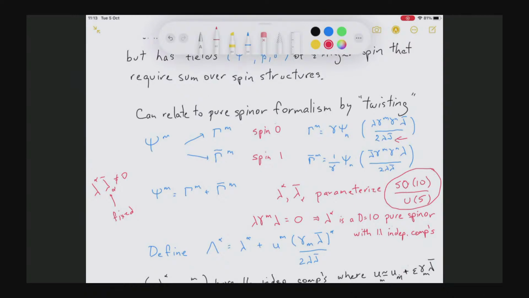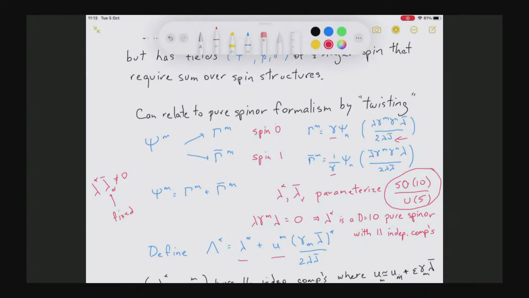Okay, so using lambda and lambda bar, I'm going to define how I twist my psi's. These capital gammas will have conformal weight 0 and capital gamma bars will have conformal weight 1. That's just because one is multiplied by gamma and the other is divided by gamma. So you can invert this to write psi in terms of the sum of capital gamma and capital gamma bar. And we're also going to decompose this auxiliary variable, capital lambda, into a pure spinor and an additional variable, which will be a vector.